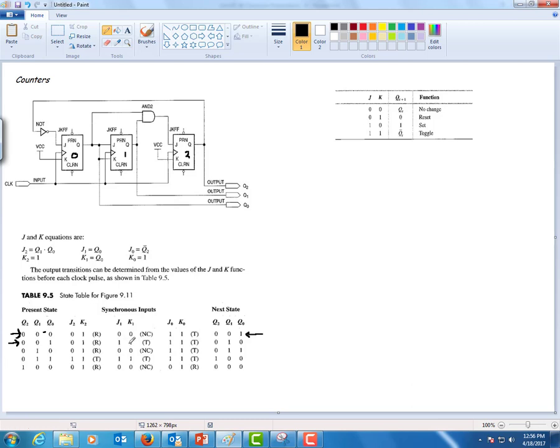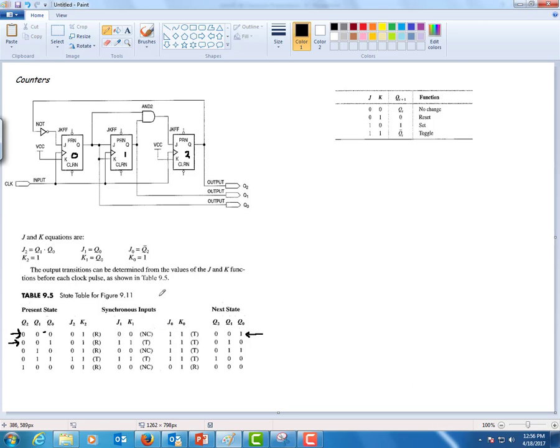J1 and K1, that's equal to Q0. Well, if we come over here, what's Q0 equal to? Q0 is equal to 1. Hence, these are 1, 1. So that's the toggle condition. And finally, let's look at J0, K0.